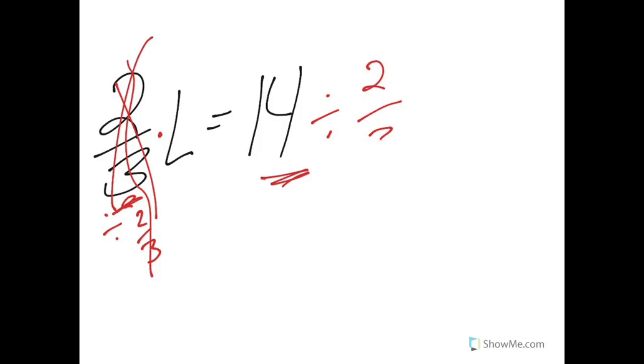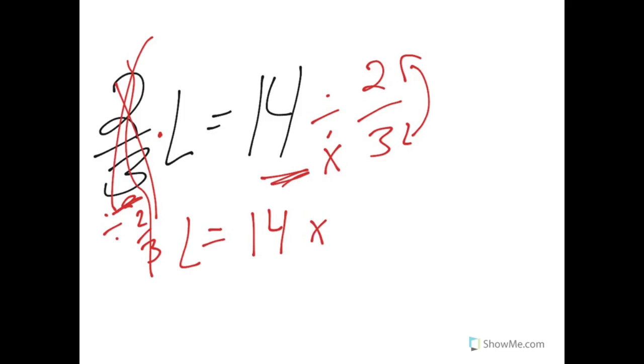And then over here I have 14 divided by 2/3. I know that's a little bit more difficult than what I want to work on right now. So really I have L, and I'm going to flip this around so I can turn this into multiplication. L equals 14 times, instead of 2/3, 3/2. To make this even easier for my multiplication purposes, I can put that as 14 over 1.